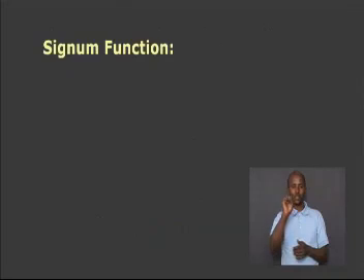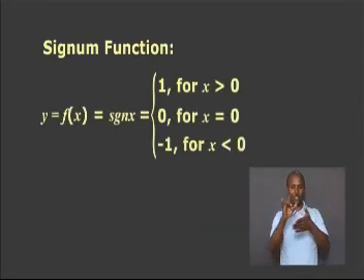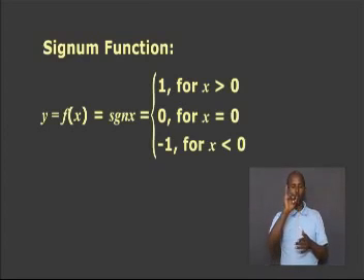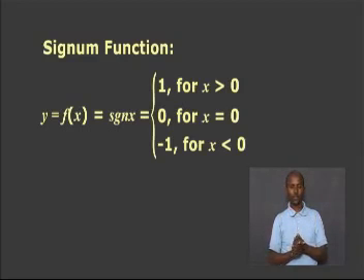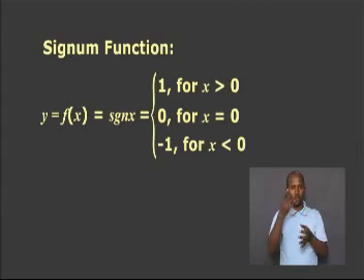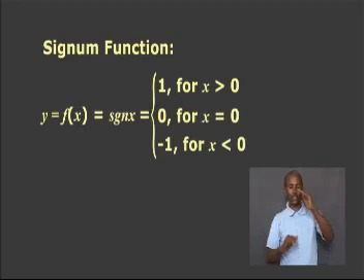A signum function is defined by this formula. Y equals f of x equals signum x. This equals 1 if x is greater than 0, 0 if x equals 0, and negative 1 if x is less than 0.